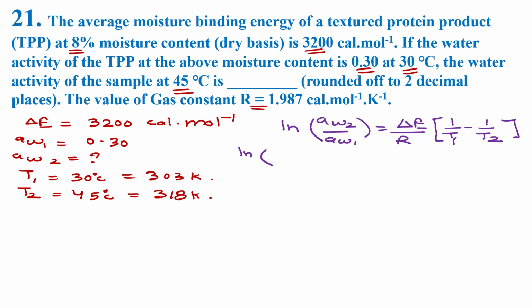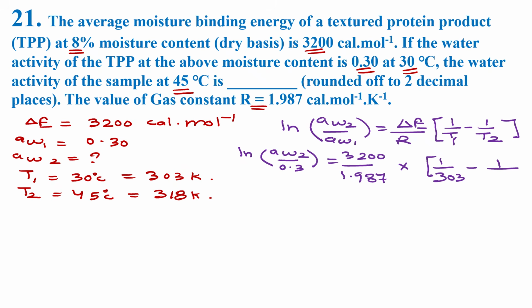AW1 is 0.3, equal to 3200 by 1.987 into 1 by 303 minus 1 by 318.